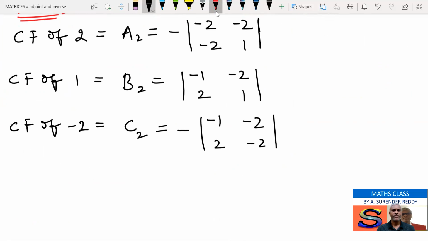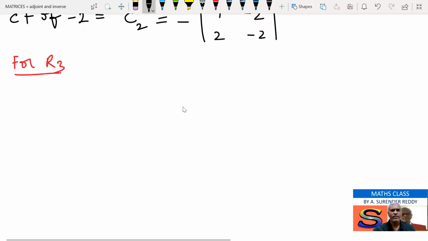Now cofactors of third row R3. So cofactor of first element in R3, that is 2. Let us name it as A3.